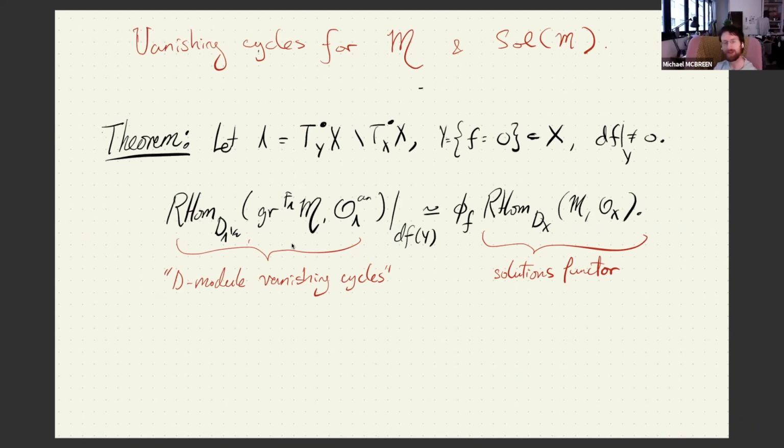The associated graded is a module over differential operators on lambda, and you want to take Hom from that into just the structure sheaf of lambda over the ring of differential operators.